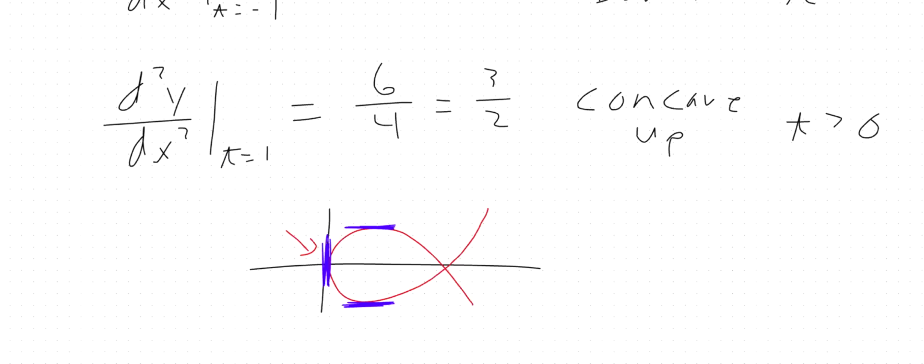And now something interesting is happening here out at 3, 0. That we're going to have two tangents. So in order for that to work, our t would have to equal square root of 3.